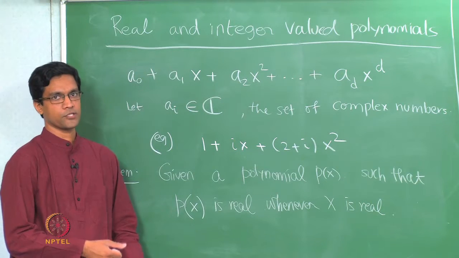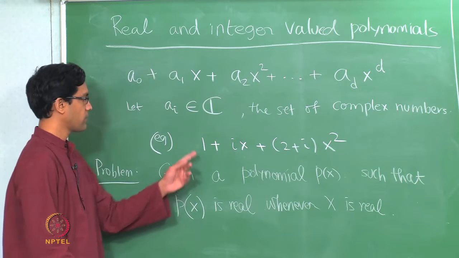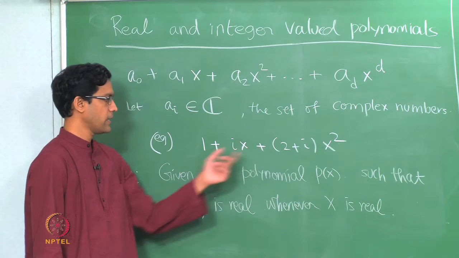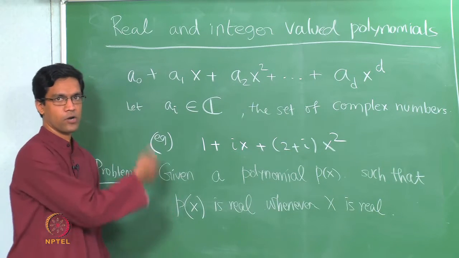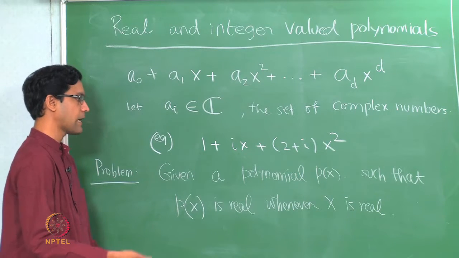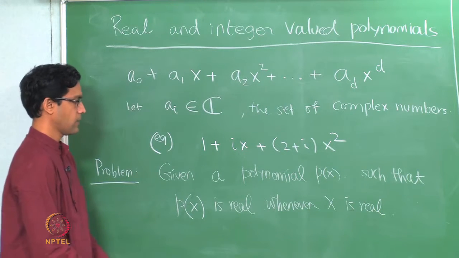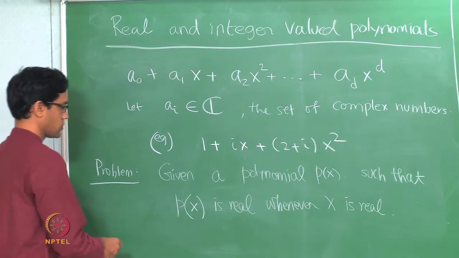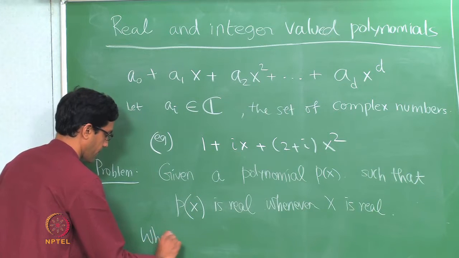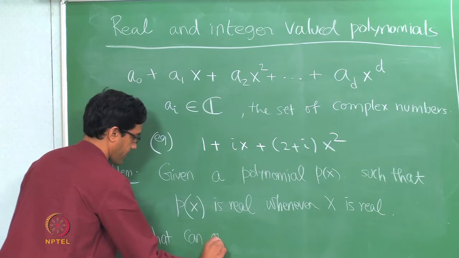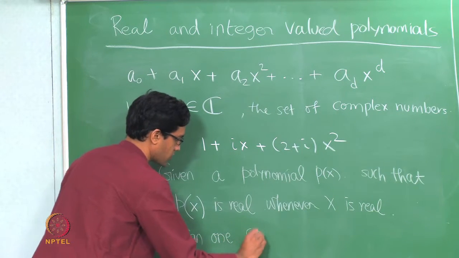So I want to look at a polynomial which has the property that whenever I plug in a real number x, the answer p of x is also a real number. This is what I want to call real valued polynomials. They take real values on real numbers. Then what can I say about the coefficients? Given this polynomial, what can one conclude about the coefficients ai?